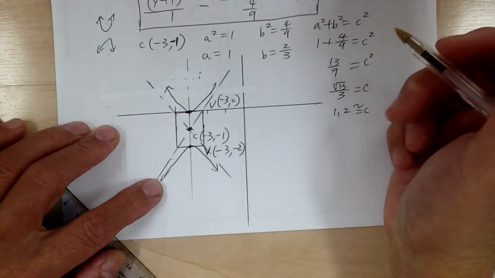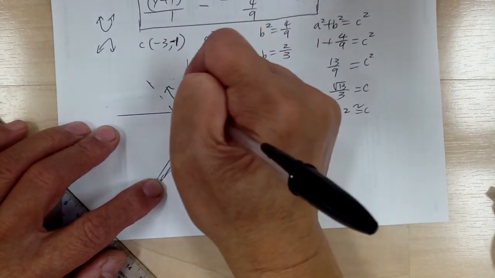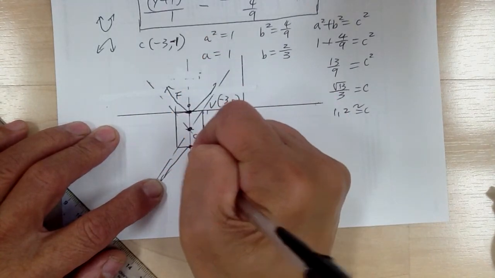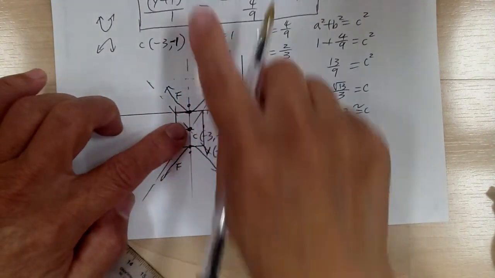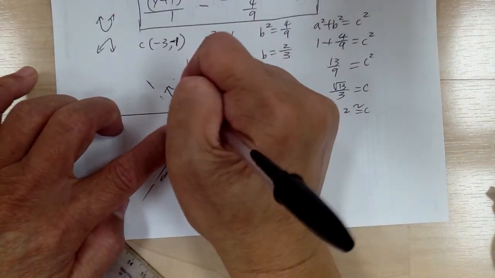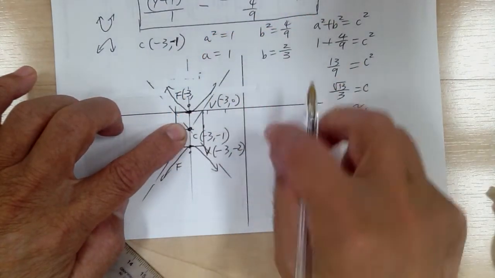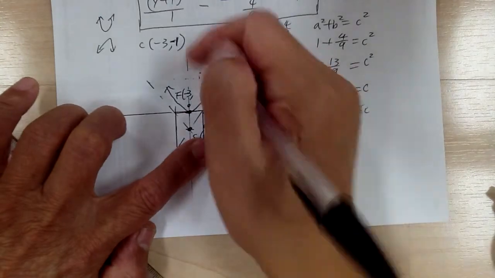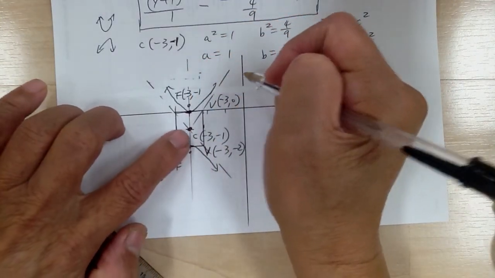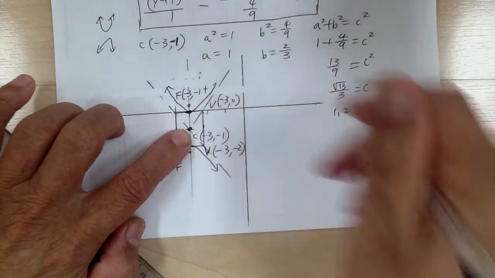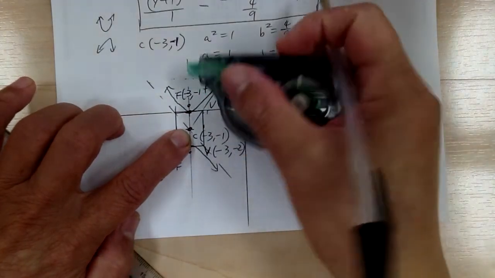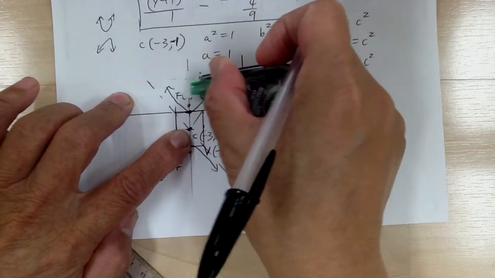And the foci would be, again, when you go up and down, the x stays the same, and the y you have to add on to that. So it'd be negative 1 plus, okay, run out of space. I'm going to write it up here.